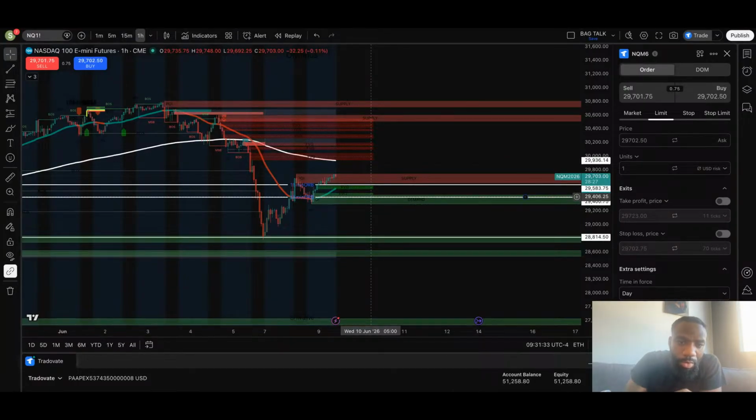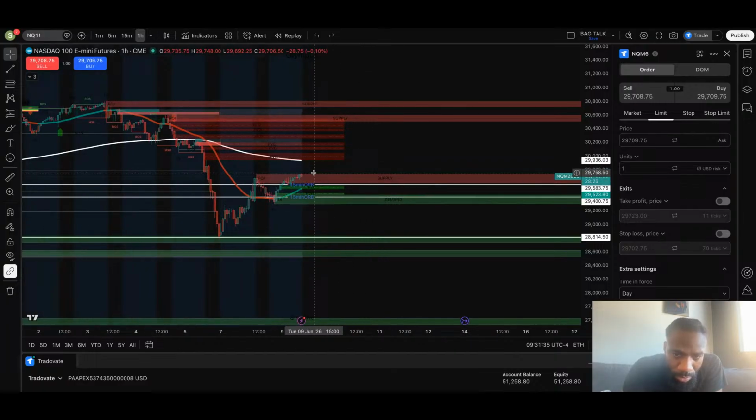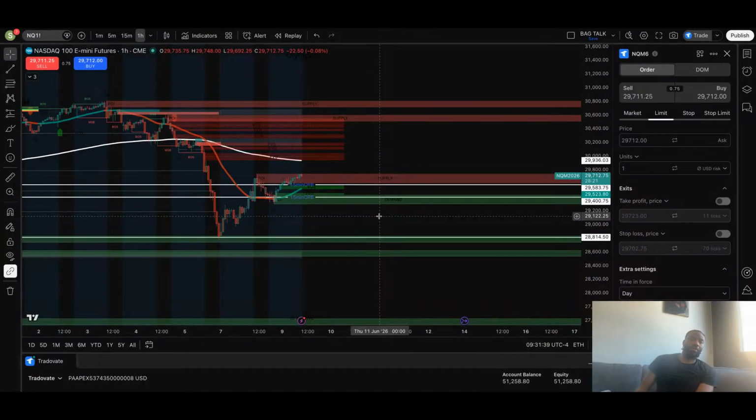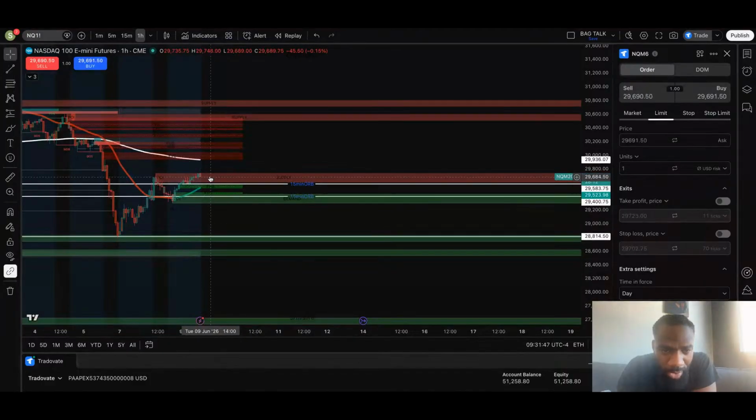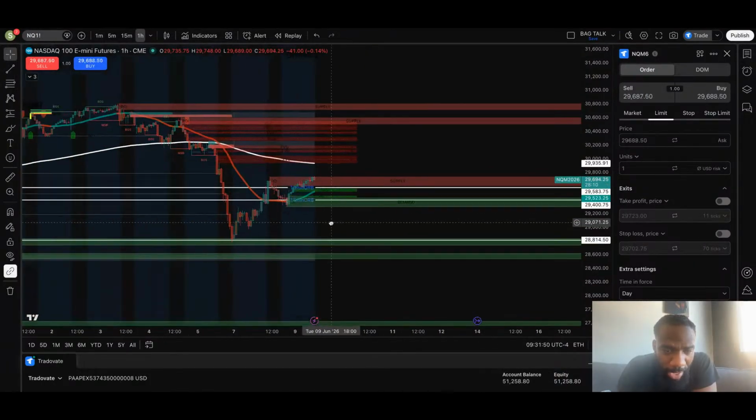So let's just see what price gives us. Right now, even on the hour, we're hitting a major supply zone, and the algorithm works the same way on the higher time frame. So obviously, the hour showing us sellers in control, to look for sales.